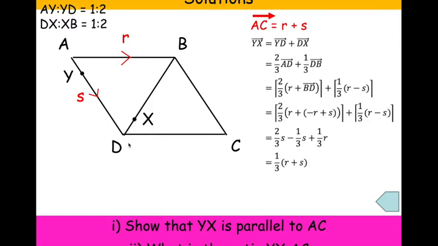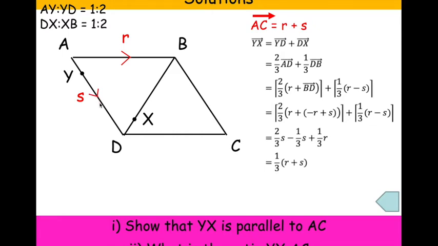YD is 2/3 of AD, and DX is 1/3 of DB. Since the answer must be in terms of r and s, we have to replace AD.